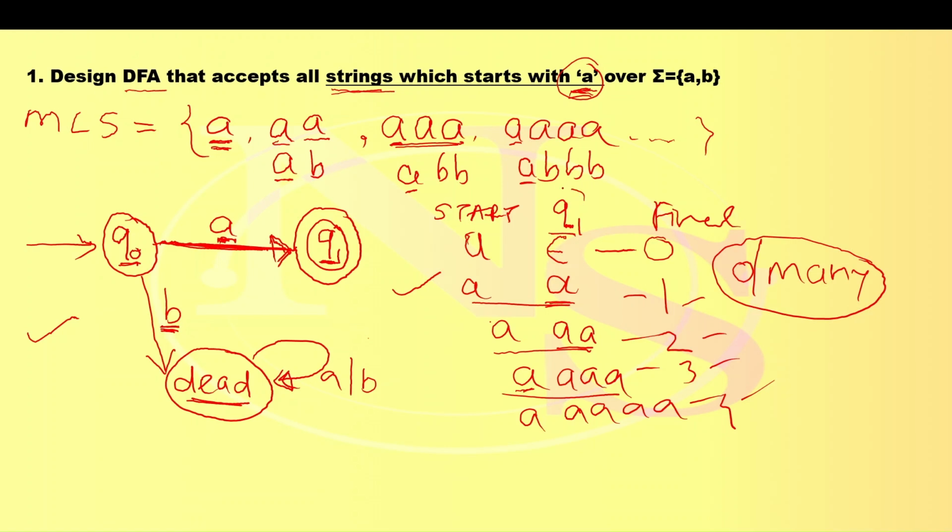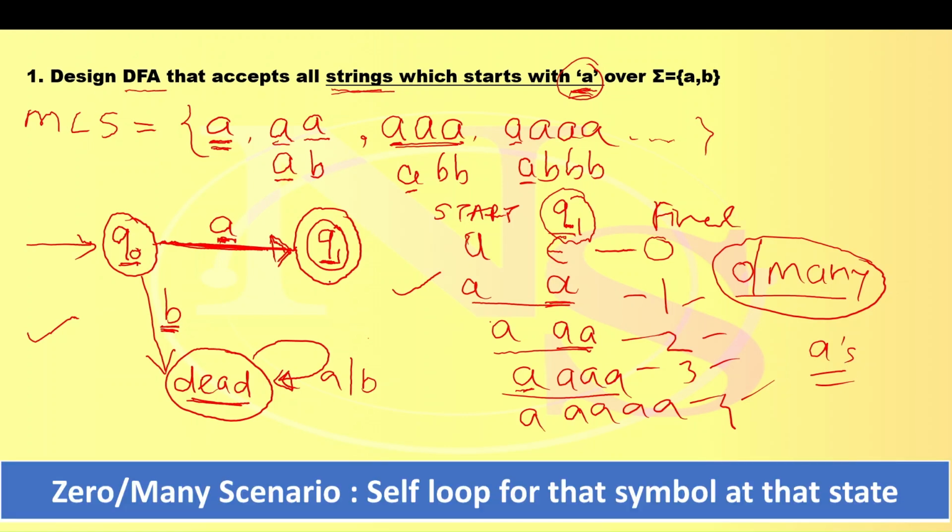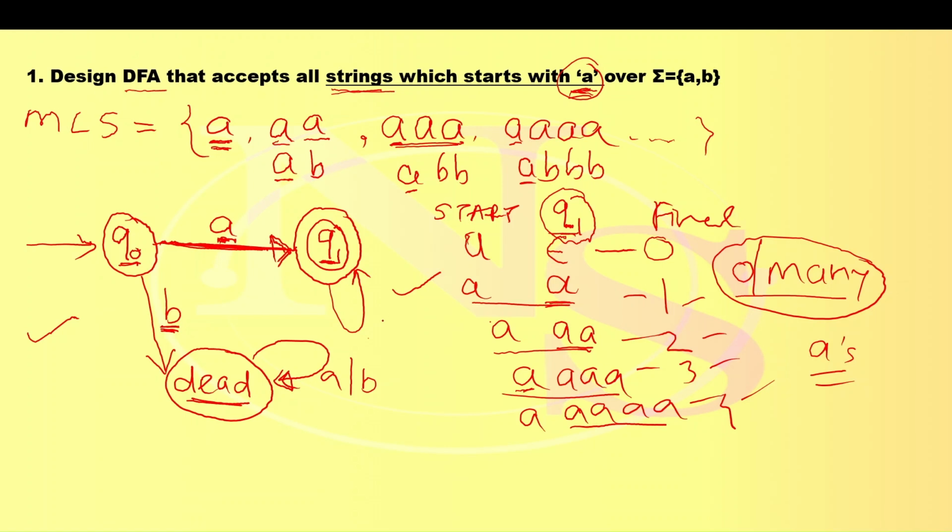So Q1 is the state looking for 0 or many number of A's. Hence, whenever in TOC there is a scenario of 0 or many, simply give the self loop at that state, here Q1, for the symbol A. Now there is a transition for A at Q1.